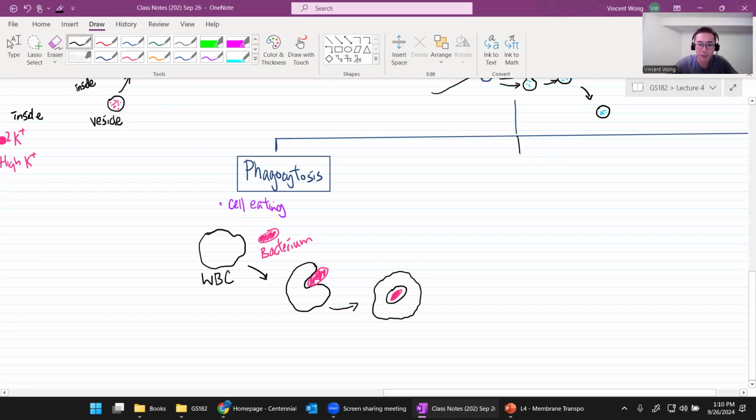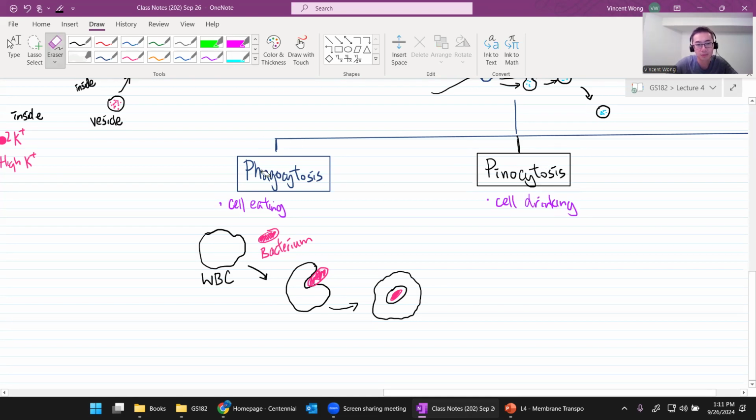Now, if there is cell eating, you can probably guess there will also be cell drinking, and that is called pinocytosis. These words are very long because a lot of them have a Latin root. This literally means cell drinking.